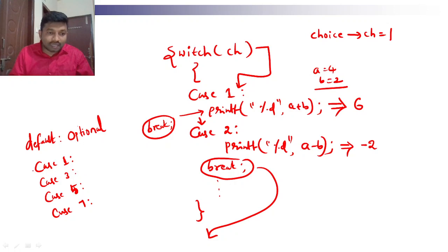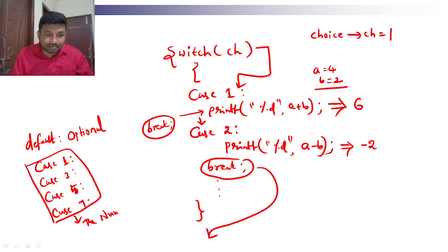If the choice is case 1, 3, or 5, you want to do something, so that can be written here. Say the number is odd. So this way also you can write the cases. We will see one example on this, because if it is January or March or May, we have 31 days per month. Such real-time scenarios can be handled this way.